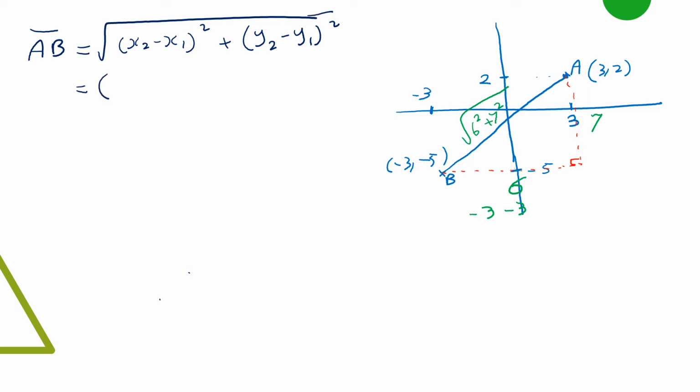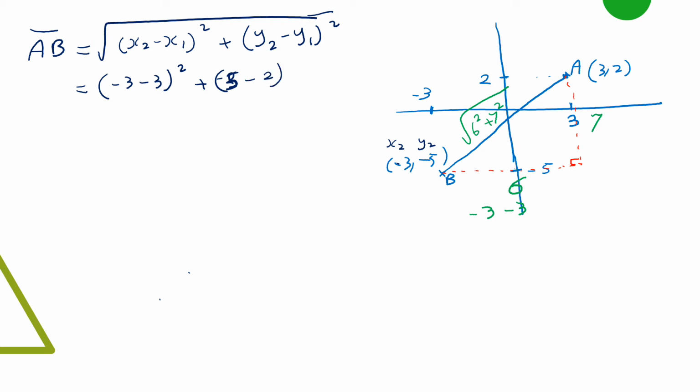So what we did in here, it's up to you where you want to start. So it's (-3 minus -3) squared plus... -5, sorry, because we want to start at the same point. We started at -3, so that's our x2. That means this is our y2.